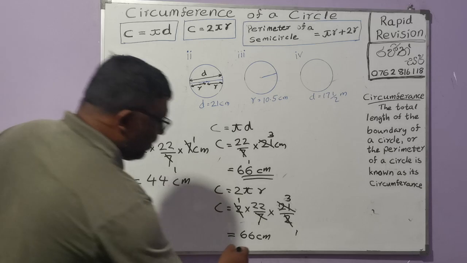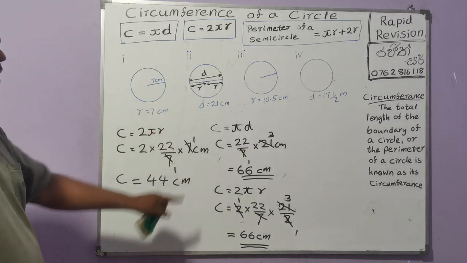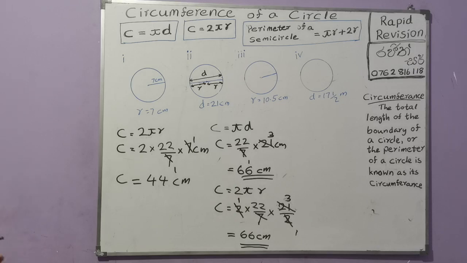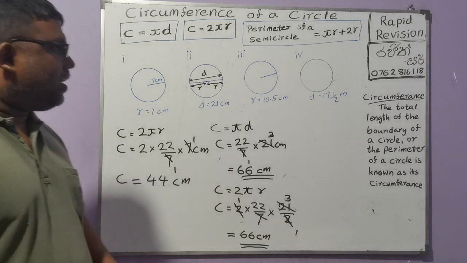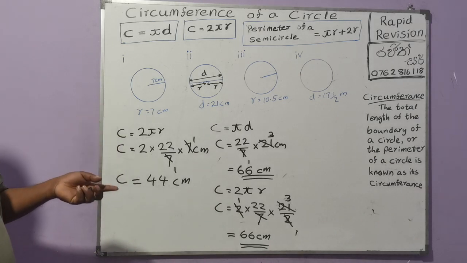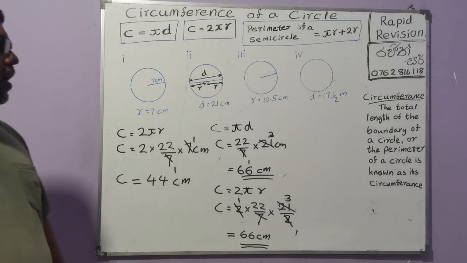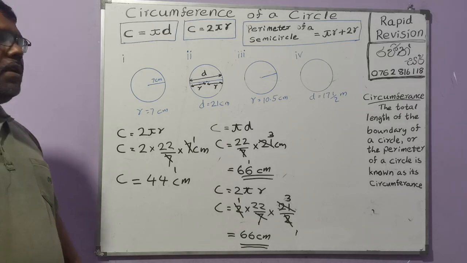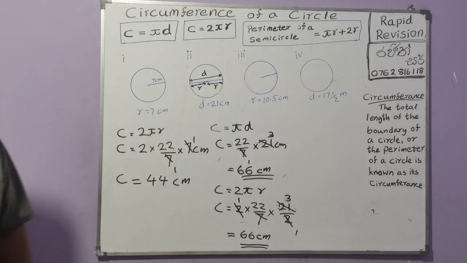The same answer we get with these two equations. If you like, you can use C equals 2 pi r, and instead of d you can use r. Using the diameter you can calculate the radius.